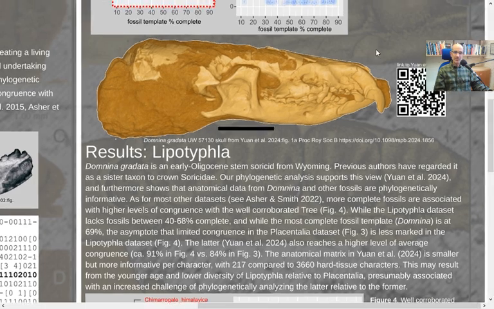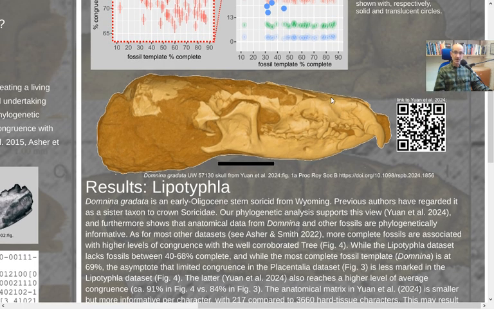So let me get now to the second data set that I examined for the Lipotyphla. And you're looking at this, well, I'm biased, of course. I think this is an absolutely stunning fossil, Domnina gradata, described just about a year ago by my colleague Robert Haubo Yuan and Quentin Martinez and Patrick Arnold and Ephraim Dixon and yours truly, published in Proceedings of the Royal Society B. Here's the QR code.